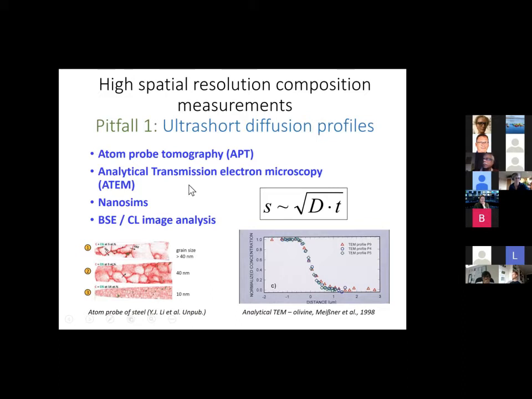I assume Katerina talked a little bit about it already. Here I have another profile in an olivine over a distance of a micrometer, but you can go way below that in ATEM. You have NanoSIMS that gives you very high resolution concentration profiles. And you can look at image analysis using backscatter electron images or cathodoluminescence images. And from that, you can extract very sharp, very short concentration profiles.